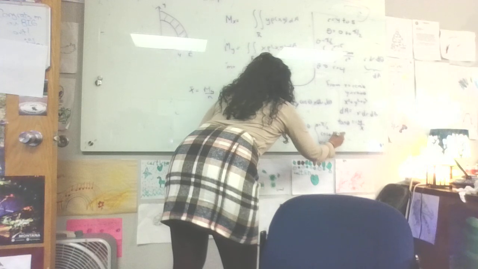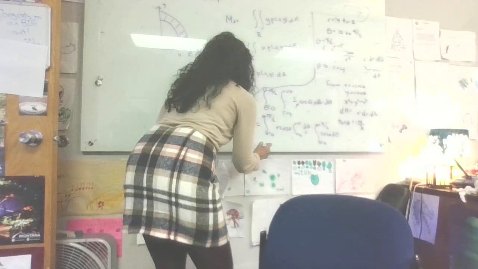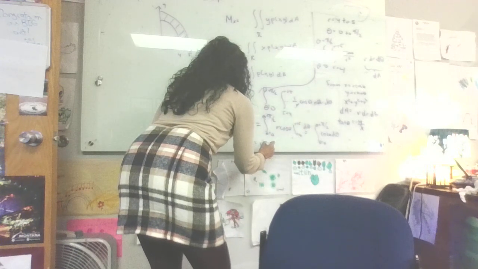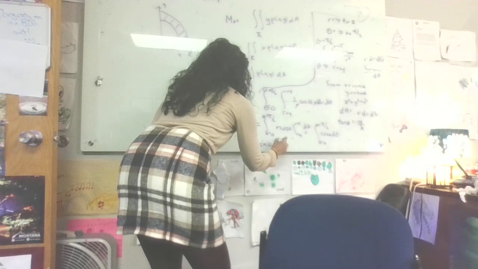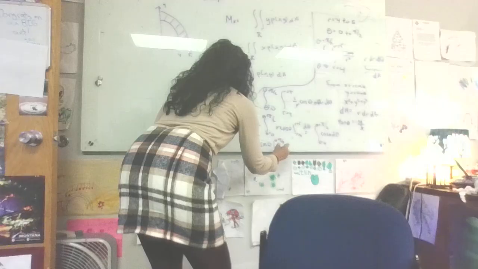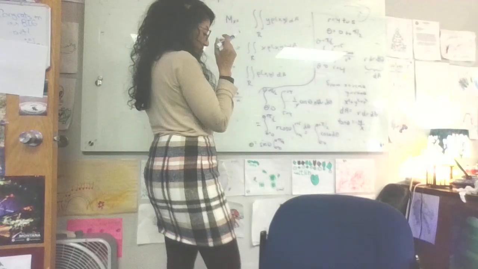And now you can do your sine. So this is sine theta from theta equals 0 to pi over 2. And so you get 1.